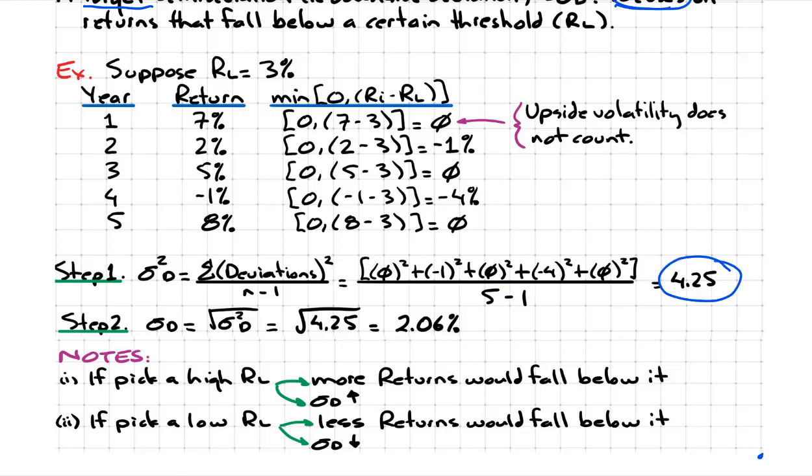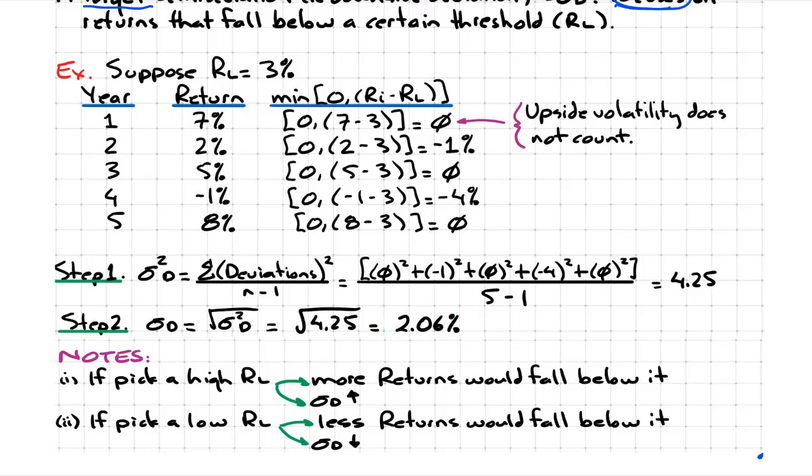So then we get 4.25, but remember that's just the squared version. And once we have that variance, we just find the square root, so that we get 2.06. So this would be our answer for target semi-deviation. This represents how dispersed the data was below the target.